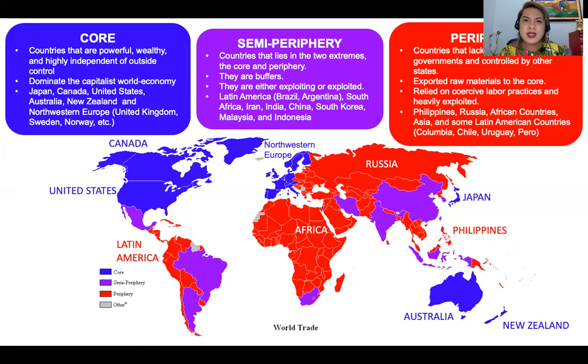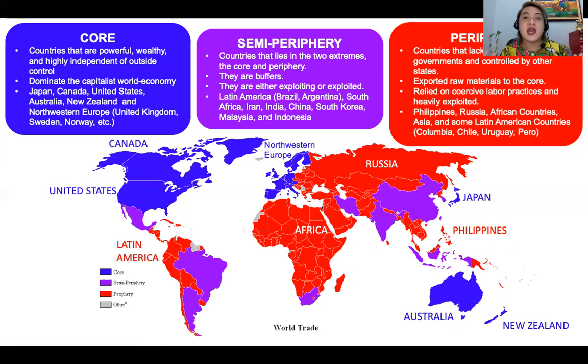They are either the exploiting or the exploited. Now, how does the semi-periphery become the exploiting? Semi-periphery countries become the exploiting when they exploit countries from the periphery. They become the exploited because countries from the semi-periphery are exploited by the core.